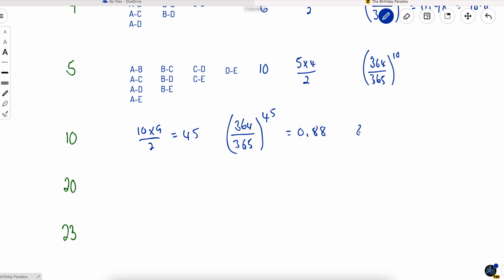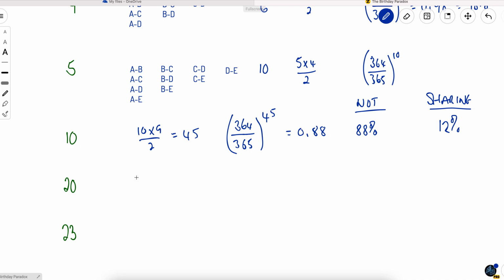So you've got an 88% chance of not sharing a birthday, and then sharing a birthday, you have a 12% chance. With just 10 people in a room, a 12% chance of sharing a birthday.